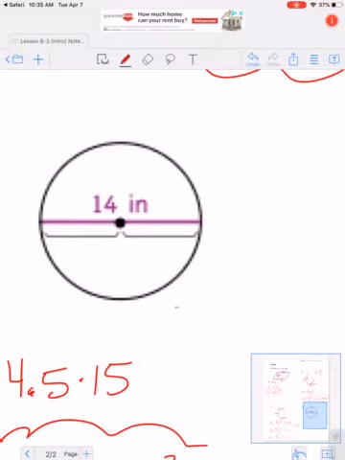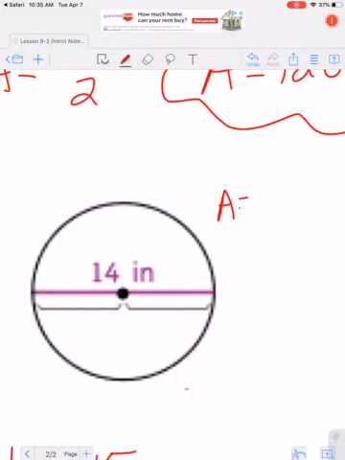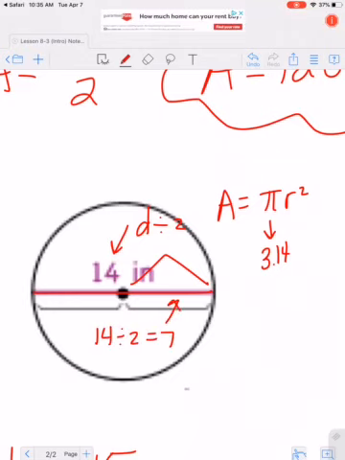And then our last one is our circle. Remember, A is equal to pi r squared. For pi, we're going to use 3.14. If you notice here, it says the entire length from one side of the circle to the other is 14. So this is actually our diameter. To get to our radius, which is half of that, we have to divide by 2. So 14 divided by 2 is 7, and that gives us our radius.